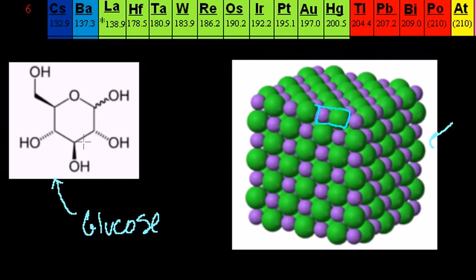You could have the same number of moles of sodium chloride as a compound and of glucose. But glucose, when it goes into water, just stays as one molecule of glucose. A mole of glucose stays as 1 mole, while a mole of sodium chloride turns into 2 moles because it dissociates into 2 separate particles.